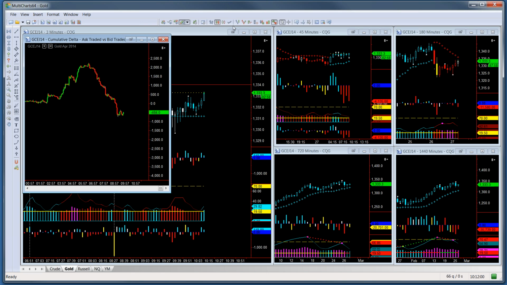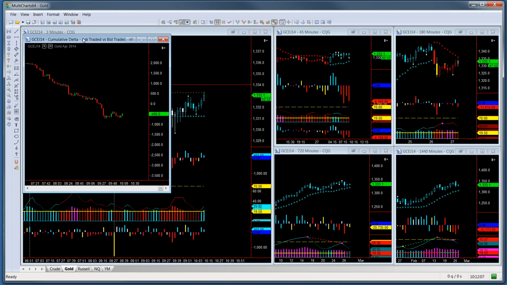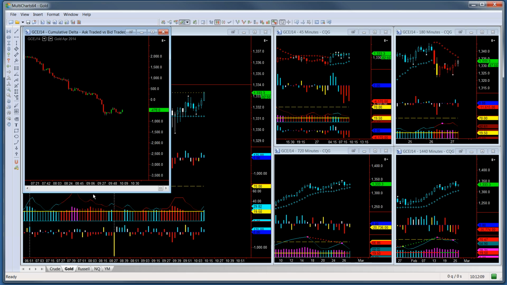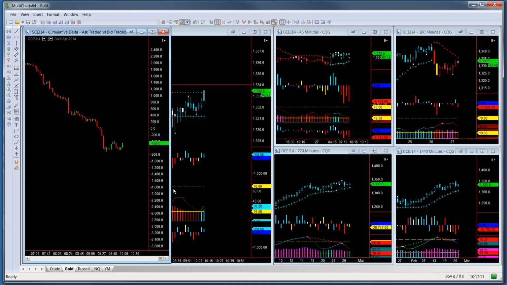That is the way it's plotted on a chart formation. So right now I know, from the point that this started, it's a negative 480 contracts.